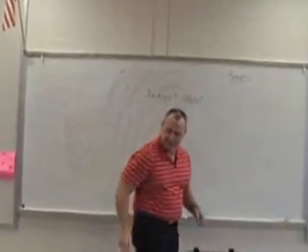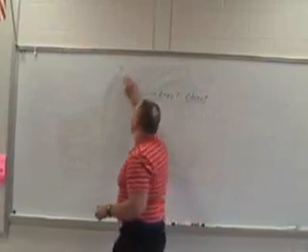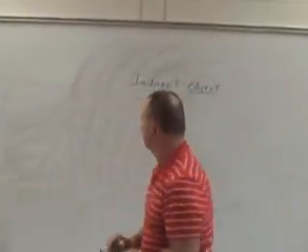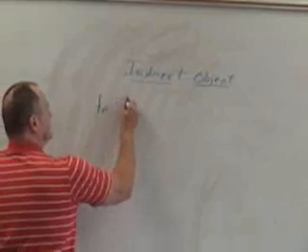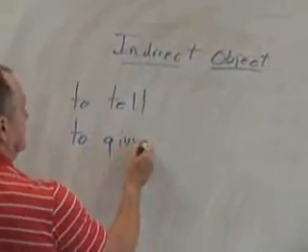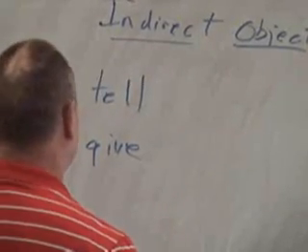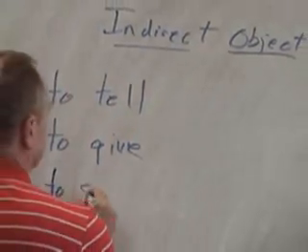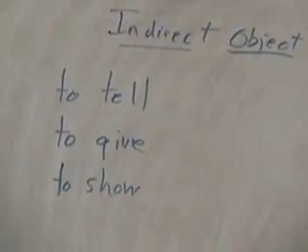And let me get rid of tempus up here so you're not looking at it. Okay, what I'm going to say about the indirect object is true in English or in Latin. We have basically three verbs. The verb to tell, the verb to give, and let's see, you give something to somebody, you can tell something to somebody, you can show. These are the most common verbs used that set off an indirect object.